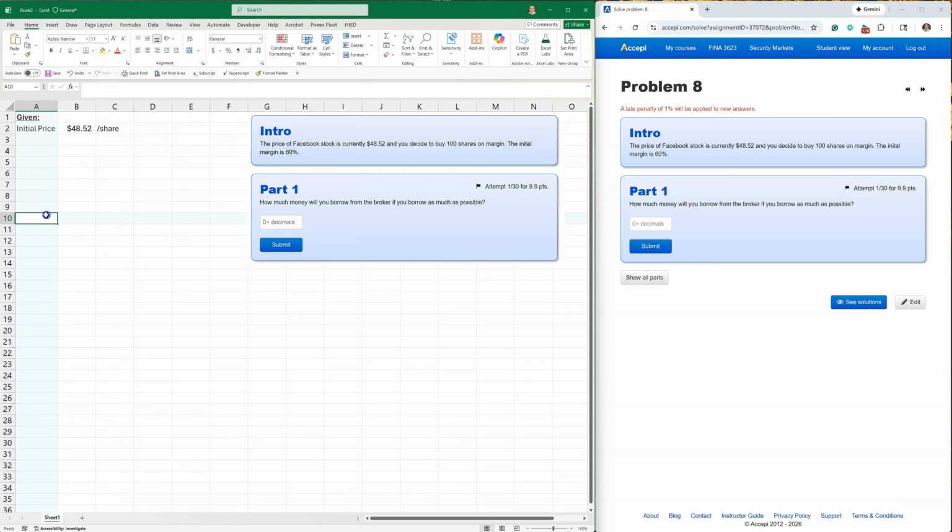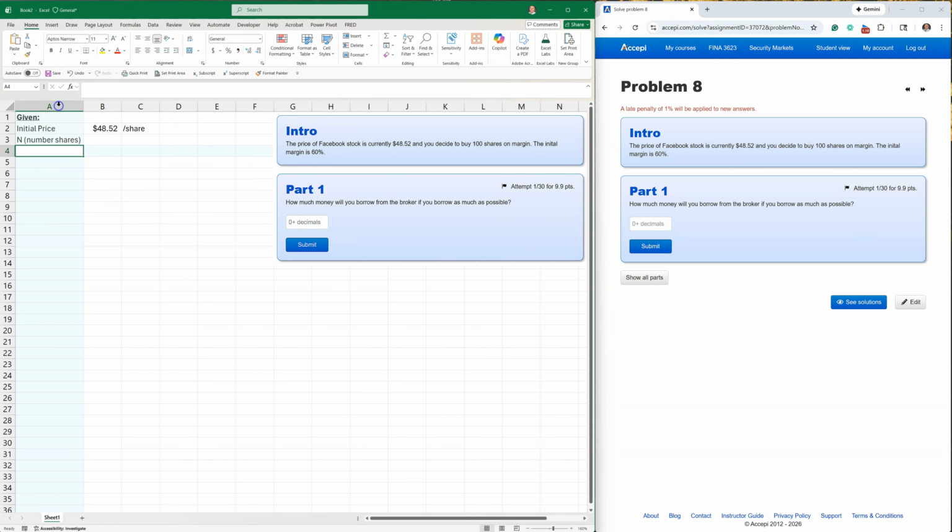That's the initial price of the stock we want to purchase. N, usually in finance, is the time, but we'll call this the number of shares in this chapter, and the number of shares is 100 shares that we want to purchase.